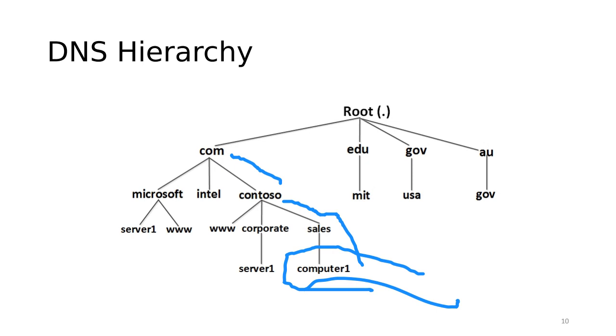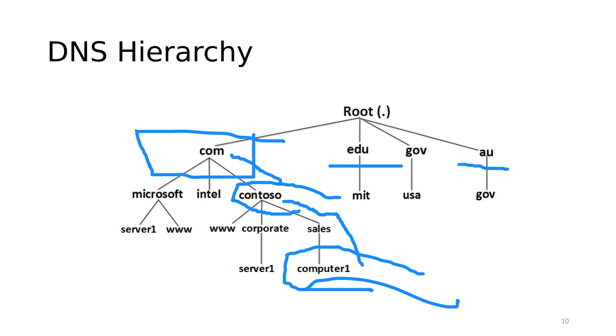What is the TLD, the top level domain? .com. What is the root domain? Dot. Very good. These are some examples of TLDs: .AU is Australia, .gov, .edu.